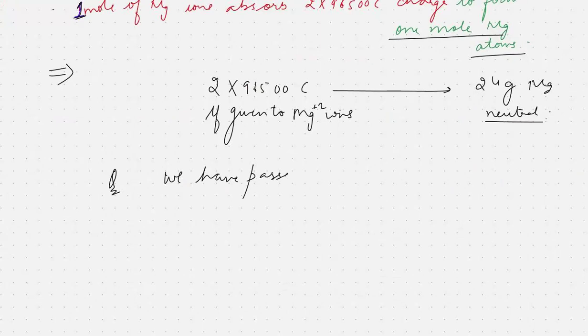So now if the question says that we have passed 40 coulombs of charge to magnesium sulfate solution.